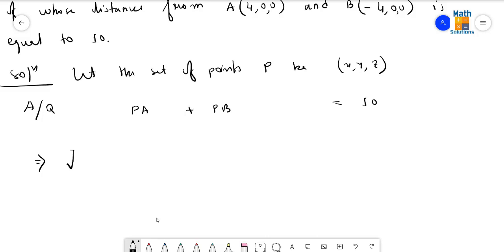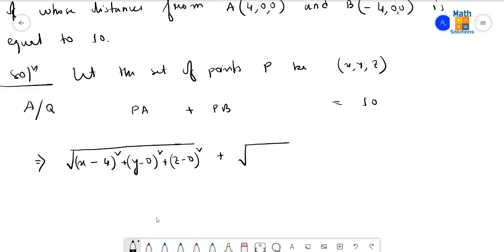So using distance formula, we shall be writing, sorry, here it will be minus, of course. This is square root of x minus 4 whole square plus y minus 0 whole square plus z minus 0 whole square. Then again square root of x minus 4 whole square plus y minus 0 whole square plus z minus 0 whole square, that will be equal to 10.